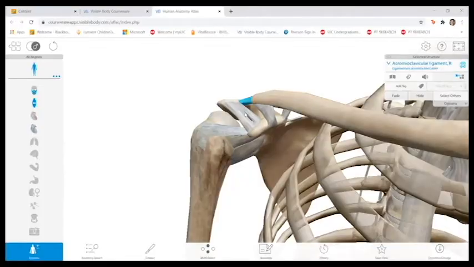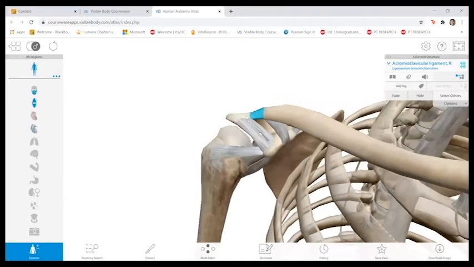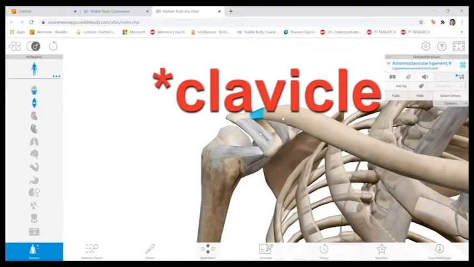So really, in terms of attachment, the scapula, in my opinion, serves more purpose than the clavicle, so we're going to put the clavicle last. The coracoclavicular ligament attaches the coracoid process of the scapula to the clavicle. The acromioclavicular attaches the acromion to the clavicle.